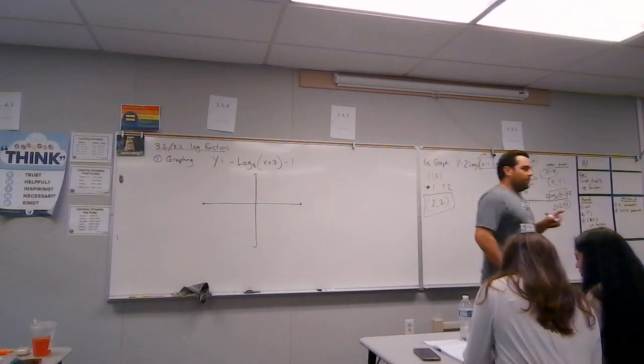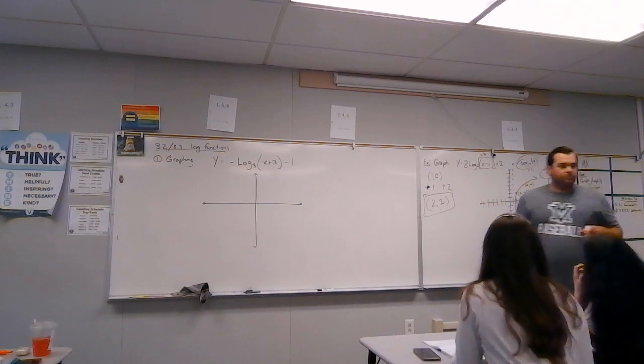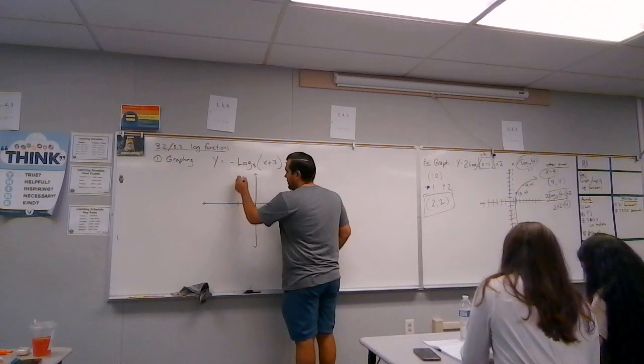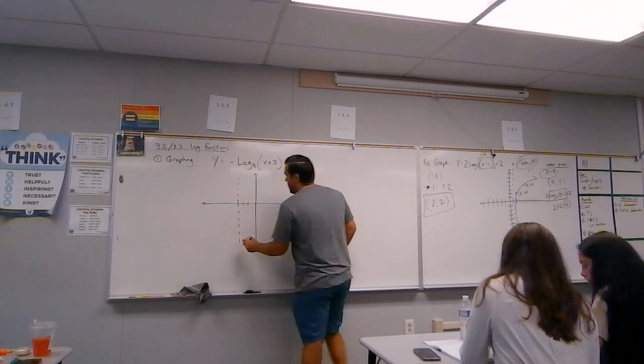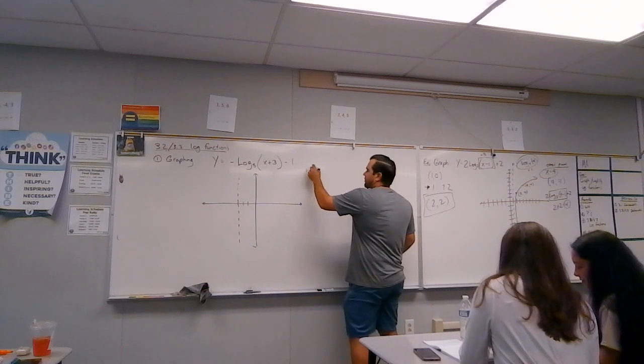All right, guys. Vertical asymptote is at where, Sam? -3. All right, Reagan. 1, 0.